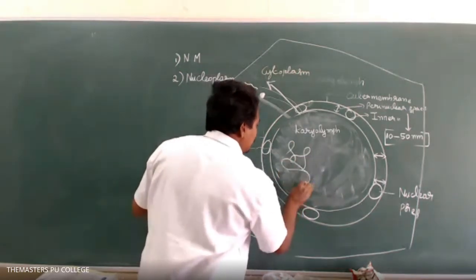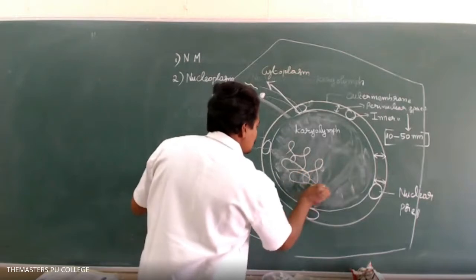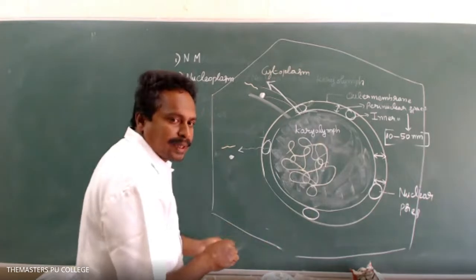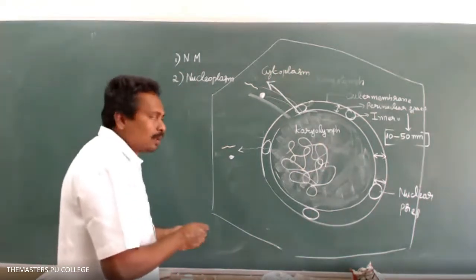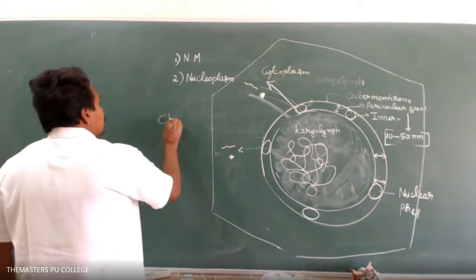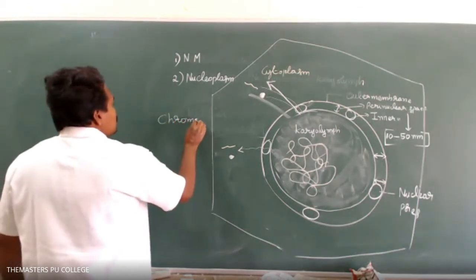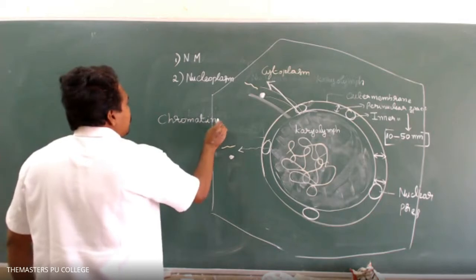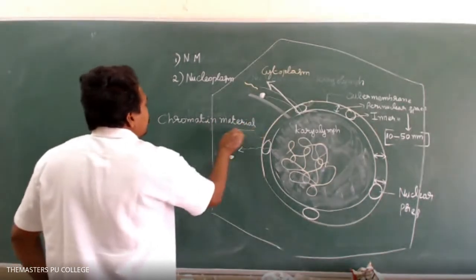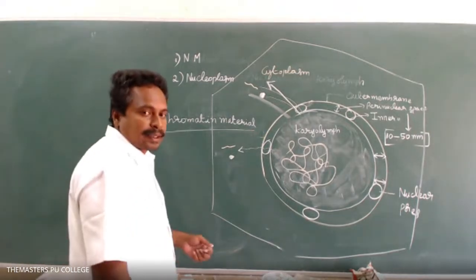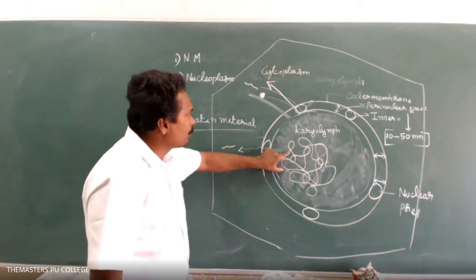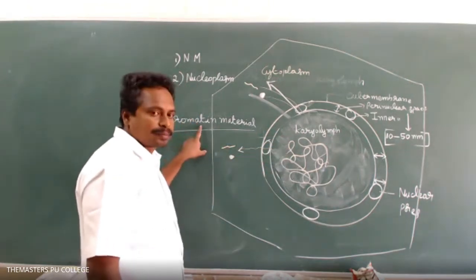This net-like structure is called the chromatin material.